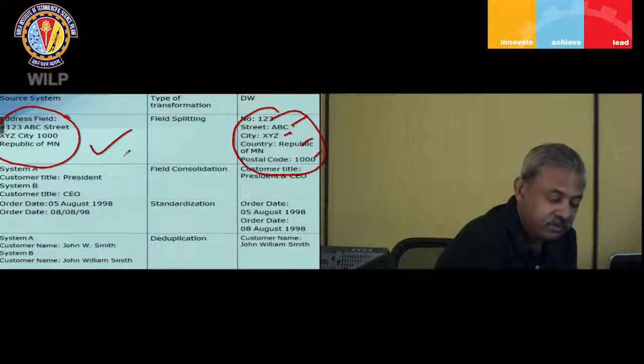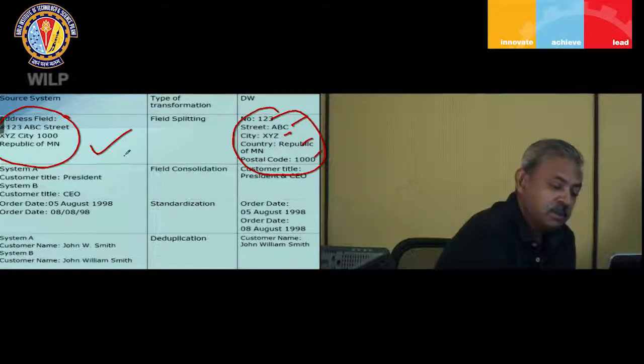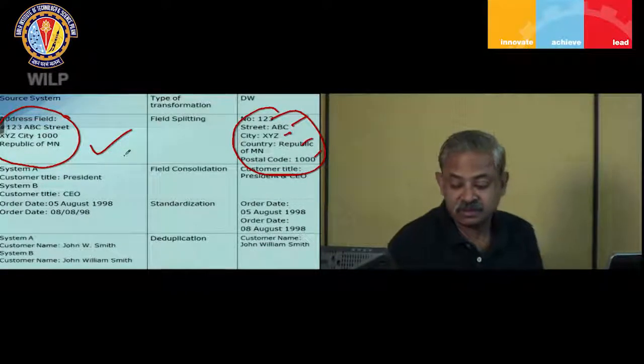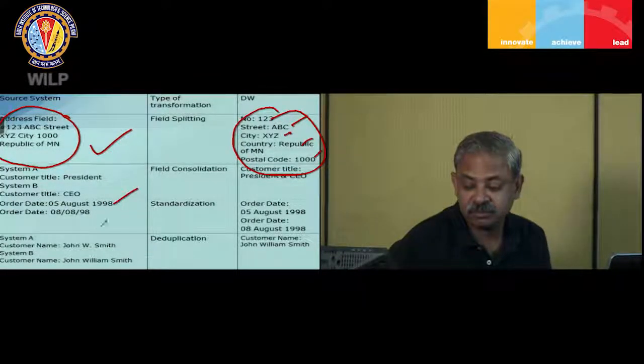We follow a different date format than the US, so it is always good to specify the month name, right? So order date is 5th August, and the order date of this other record is 8 August 98. You can say this record is coming from source system 1 and this record is coming from source system 2.